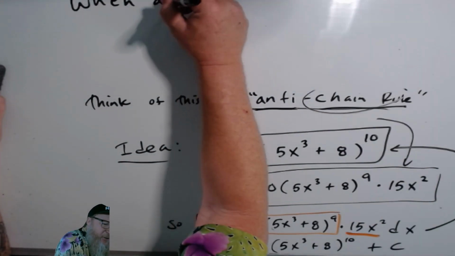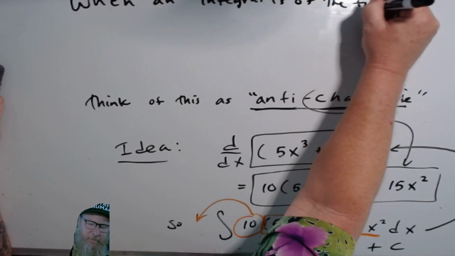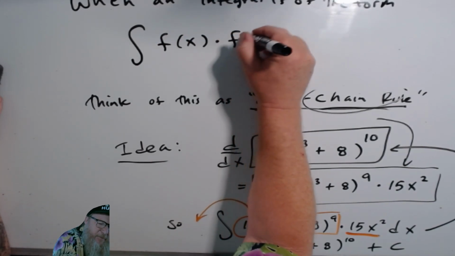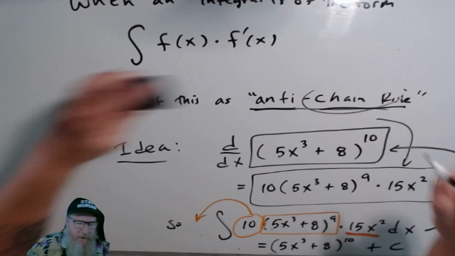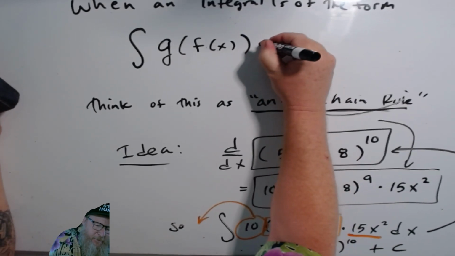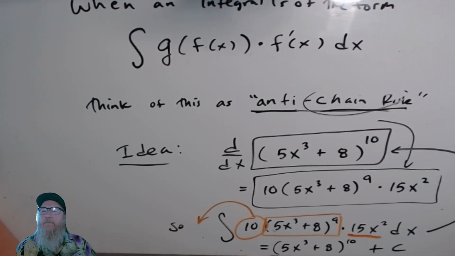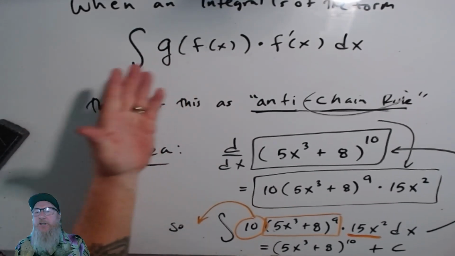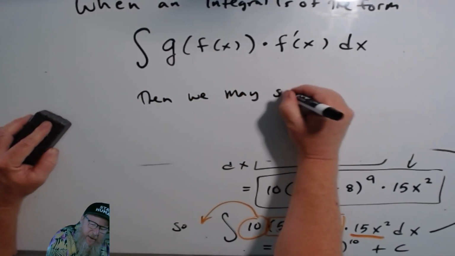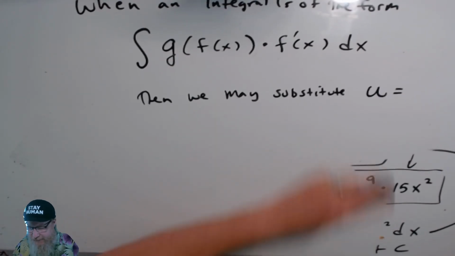So when an integral is of the form the integral of g of f of x times f prime of x dx, so it's a composition of two functions, f and g, then we may substitute, and the classic letter that we use is u.